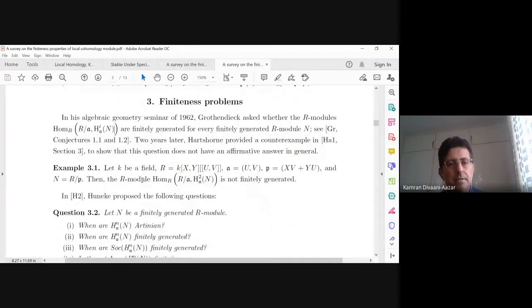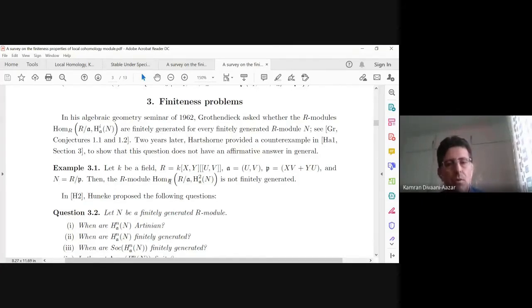The example is this, the same as here. Let K be a field, and take R to be this four-dimensional regular ring, power series over U and V over the ring K of X and Y, and take A to be the ideal generated by U and V, and P the prime ideal generated by the elements XU plus YV, and let N be R over P, which is a finitely generated R module.